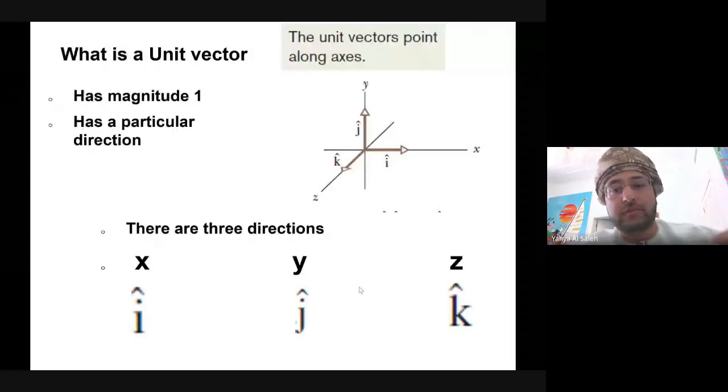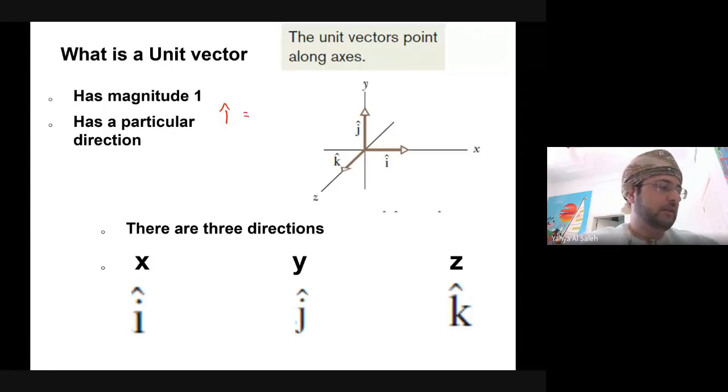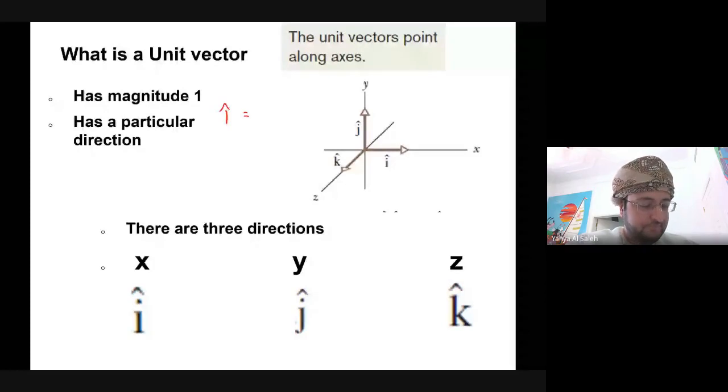So a unit vector is defined as, how do I write the formal definition of it?